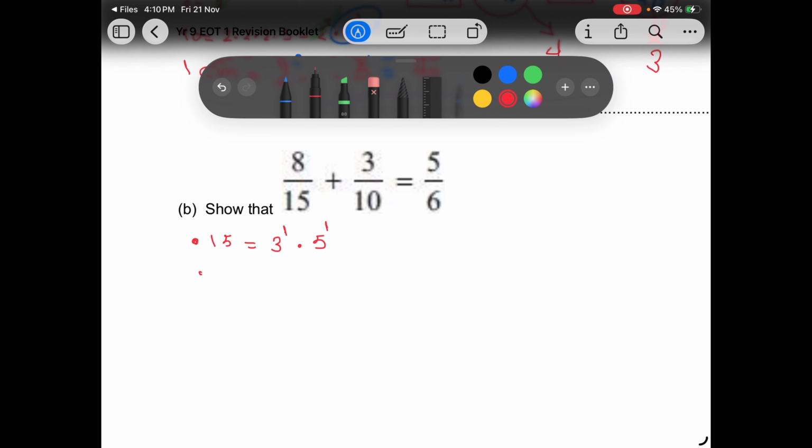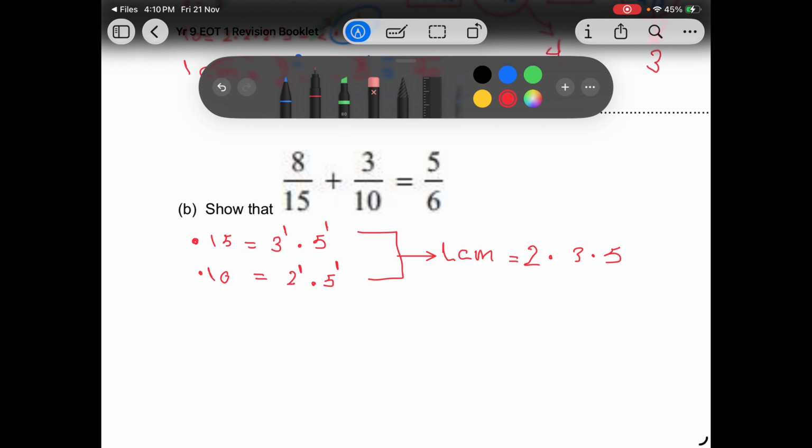And what about 10? 10 equals 2 to the power of 1 times 5 to the power of 1. And for the least common multiple, I need 2 and 3 and 5 with the highest power.